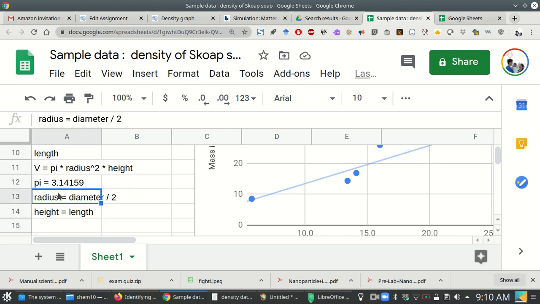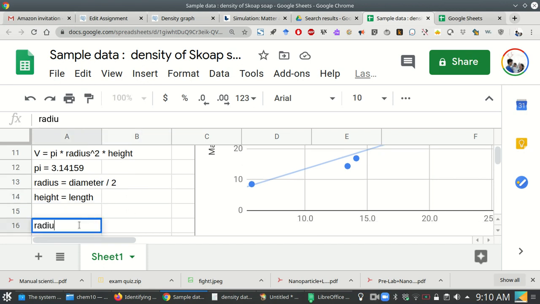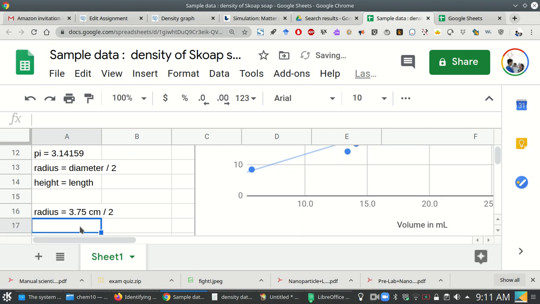For the radius, the diameter divided by 2, let's say the diameter were 3.75 centimeters, and you want to divide that by 2. What is 3.75 divided by 2?